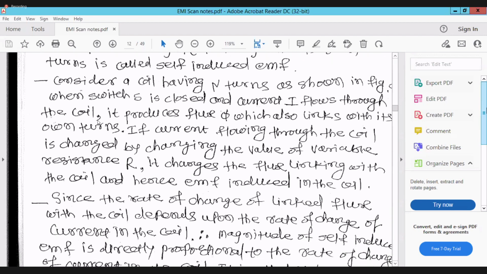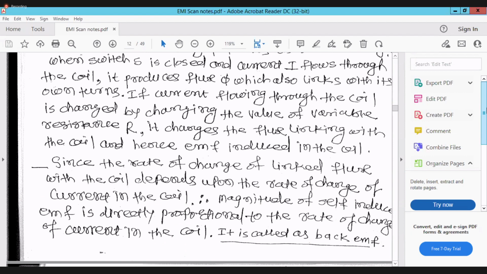Since the rate of change of linked flux with the coil depends upon the rate of change of current in the coil, the magnitude of the self-induced EMF is directly proportional to the rate of change of current in the coil.